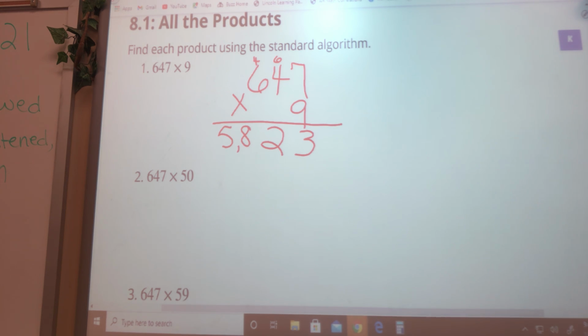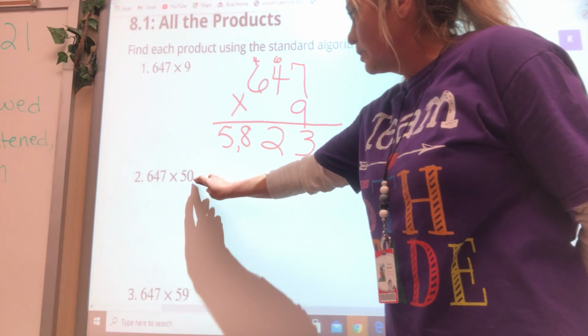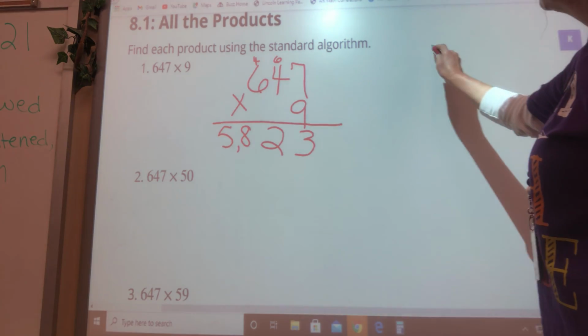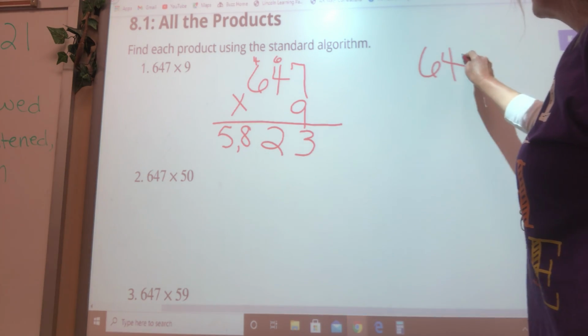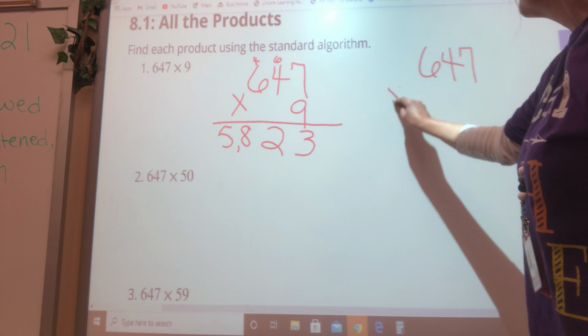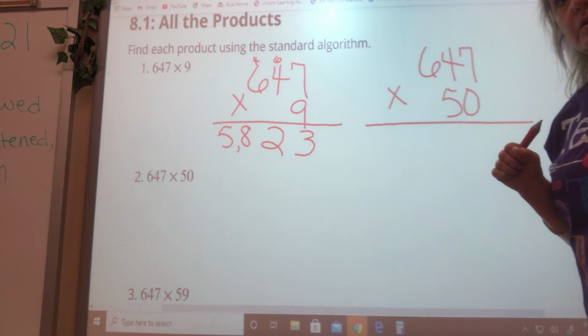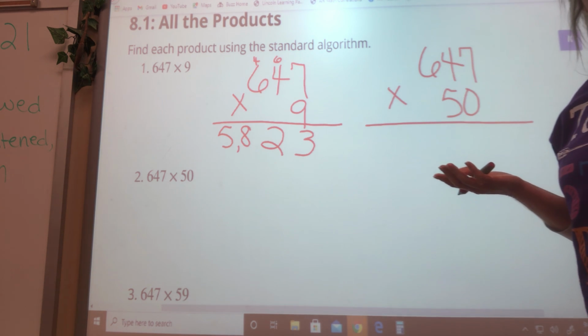The next one, they ask us to find the product of 647 times 50. And I'm going to put the smallest number on the bottom. Now, we're working with multiples of 10, aren't we?